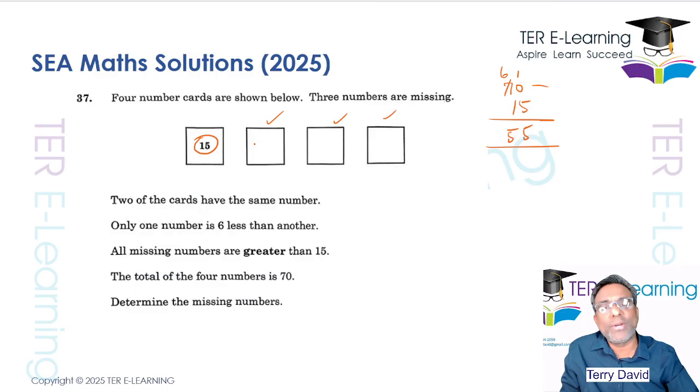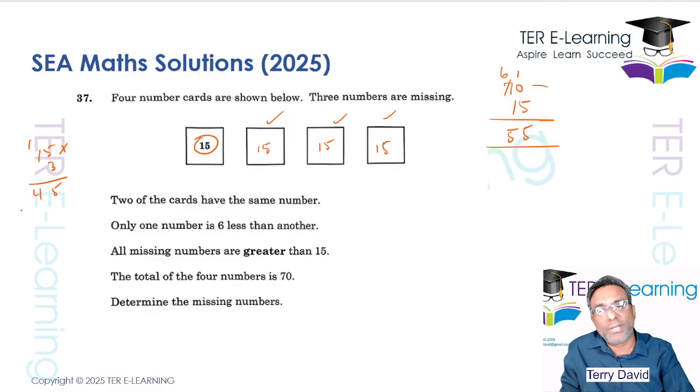Now, the thing is, you know the minimum numbers. You know the minimum is 15. So check this. 15, 15, 15. The minimum is 45. Now, 15 by 3 is going to give us 5 3s are 15.